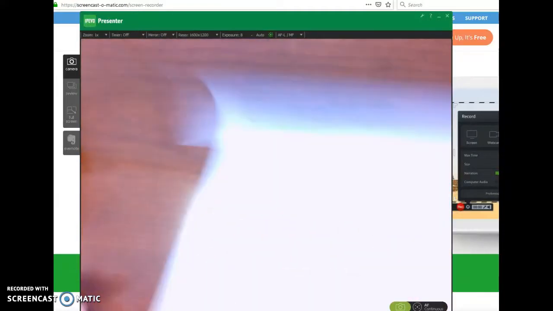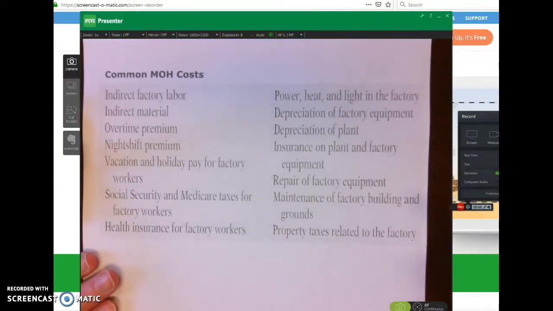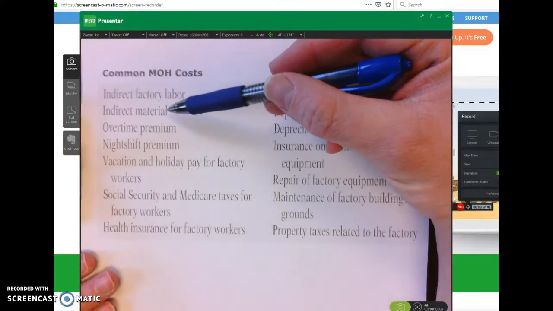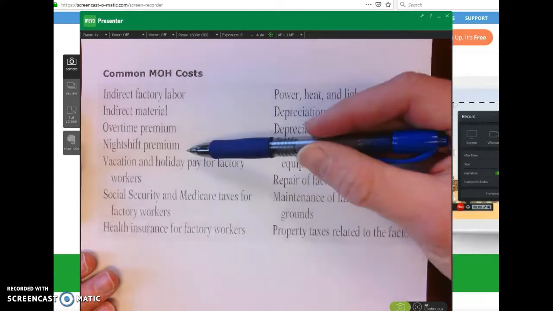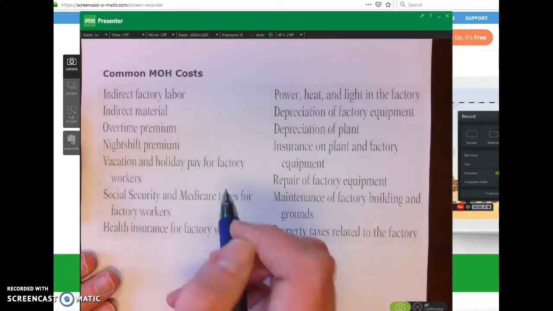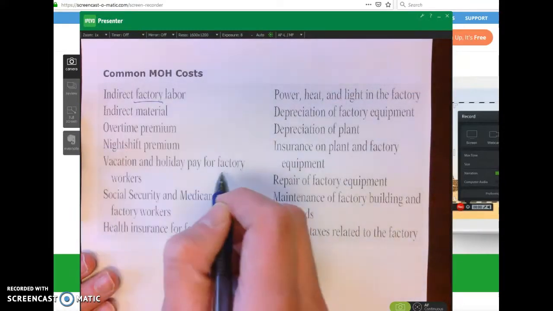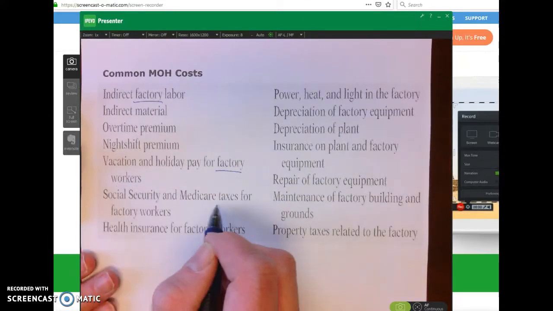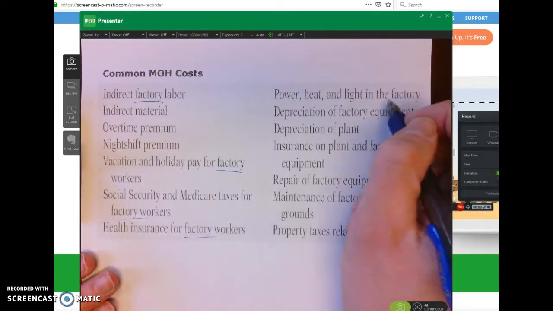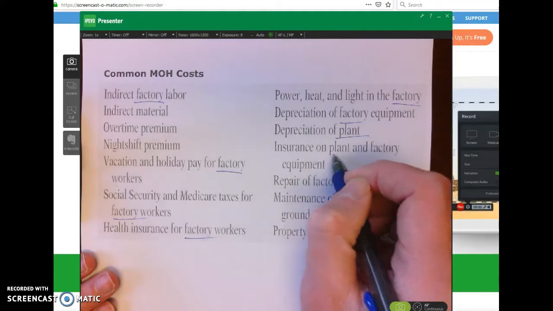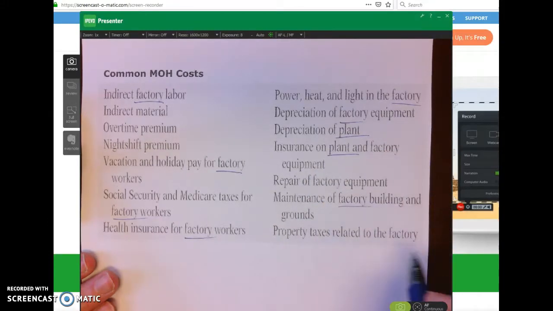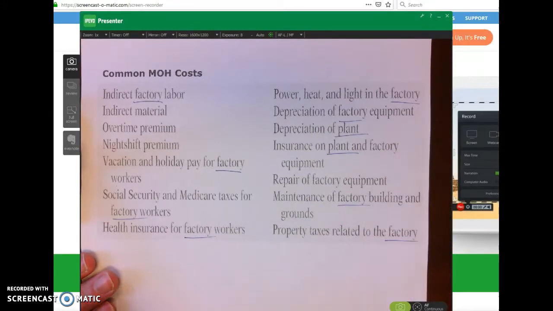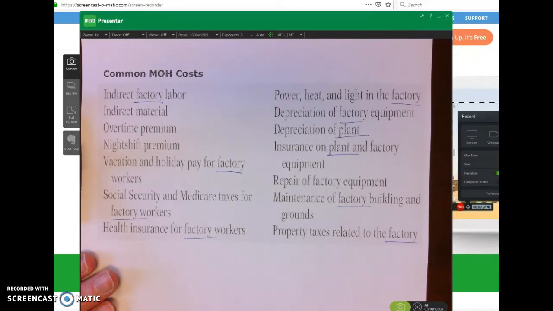I have some more examples of common manufacturing overhead costs, indirect factory labor, indirect materials, overtime premium, so on and so forth. I just want to highlight a few things over here. Anytime you see the word factory, plant, or you see production facility, those all mean product costs, okay?